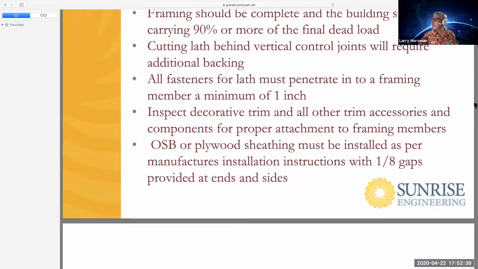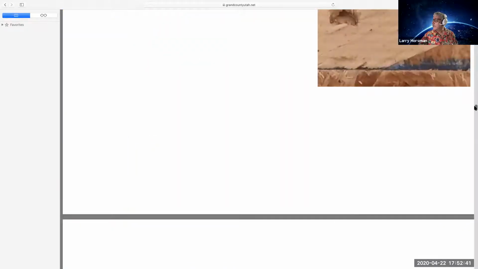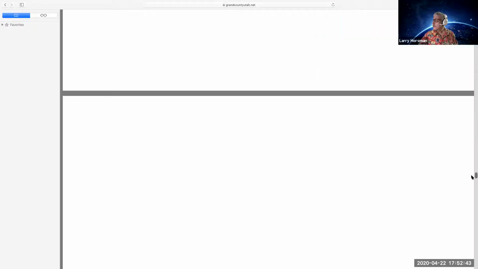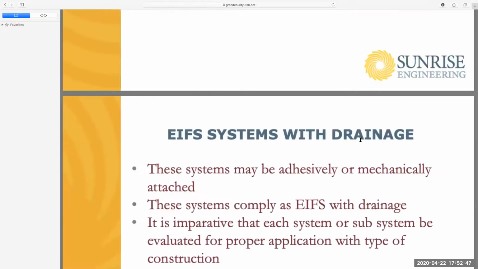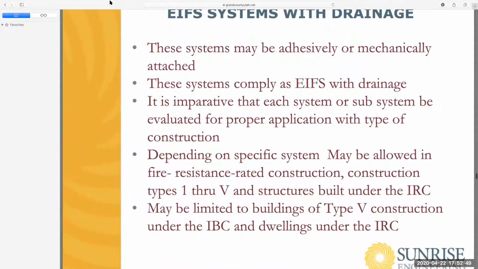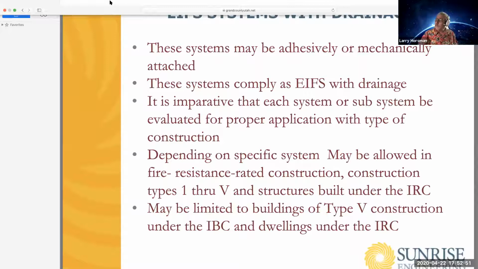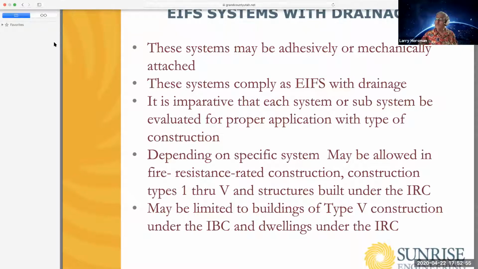Everything you want to know about stucco and a few things you didn't. Could you email that to me, Larry? Yeah, I'll make a copy of it and I'll email it out to everybody. I don't want to spend too much more time on it, but like I said, yeah.